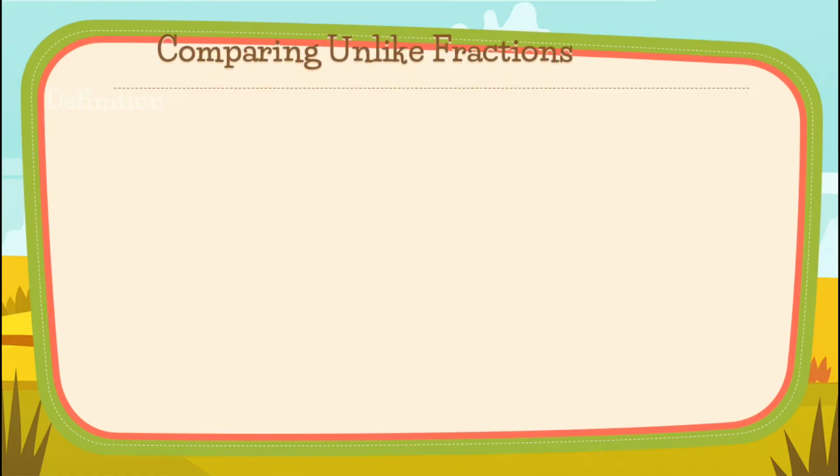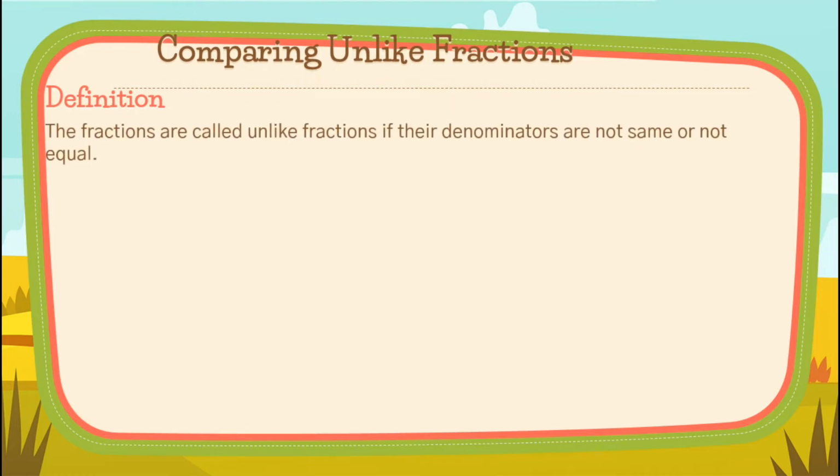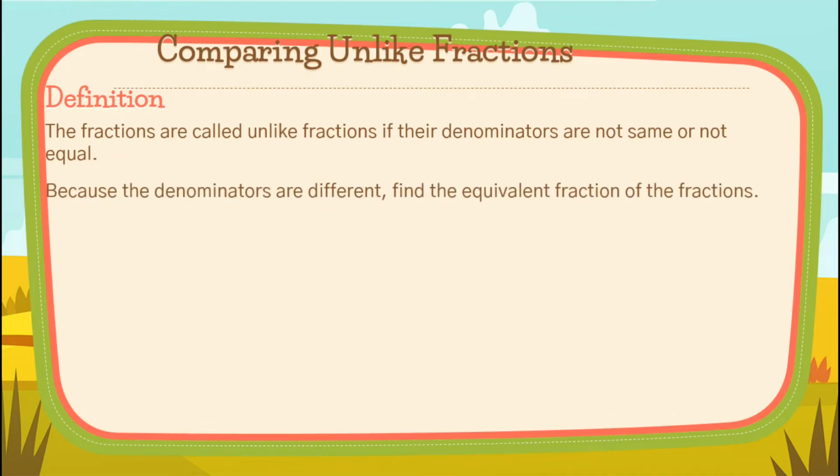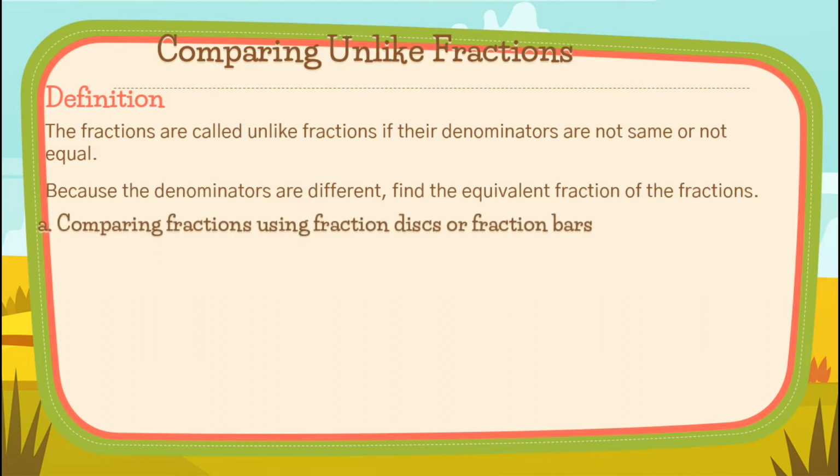Comparing unlike fractions. Definition: the fractions are called unlike fractions if their denominators are not the same or not equal. Because denominators are different, find the equivalent fractions of the fractions. There are 3 ways to compare fractions.